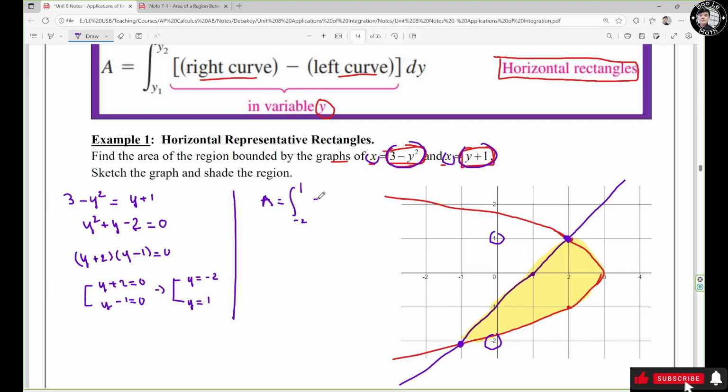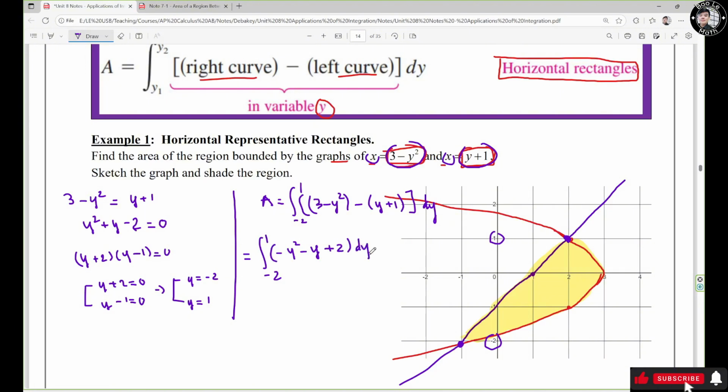So it's 3 minus y squared, subtract y plus 1, dy. Simplify: the integral from -2 to 1 of negative y squared minus y plus 2 dy.